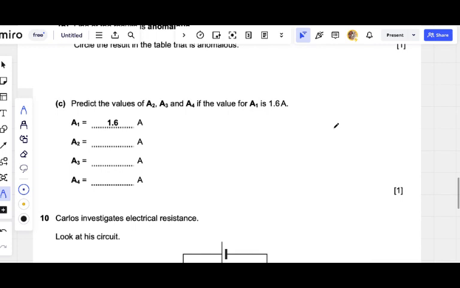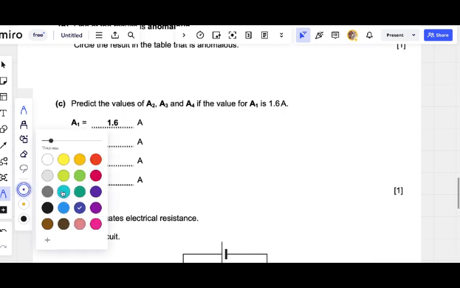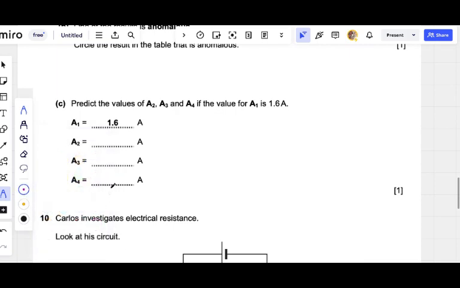Now we go to the next one. It says predict the values of A2, A3, and A4 if the value of A1 is 1.6. Predict. Okay, first and foremost, A1, A4, they are same value. So if A1 is 1.6, easy, the value of A4 will also be 1.6.